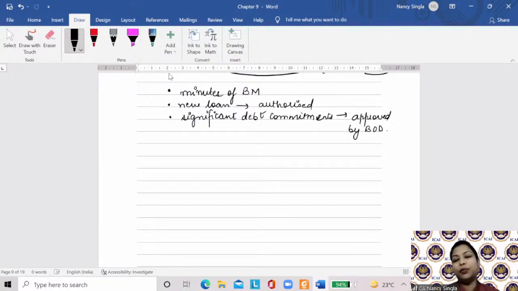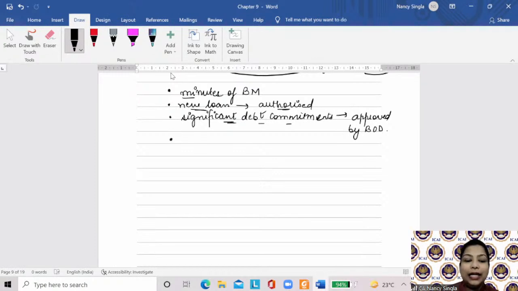These should be approved by the board of directors. So how will you write the answer? The auditor needs to verify the minutes of the board meeting to see whether any new loan that has been taken up is authorized by the appropriate authority. Further, the significant debt commitments should be approved by the board of directors.